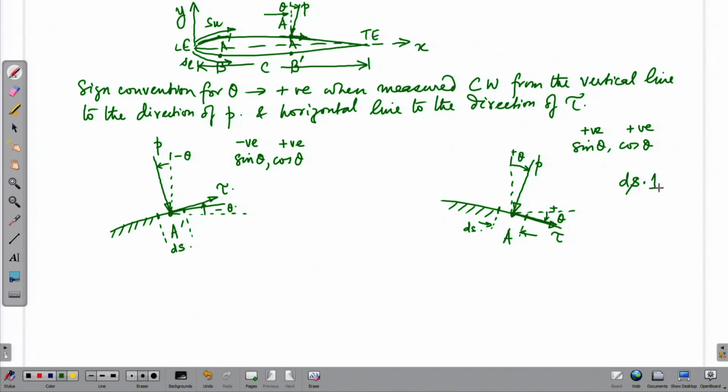We would do the calculations by assuming unit span. Therefore, the forces that we work out will work out as forces per unit span or moment per unit span and so on.